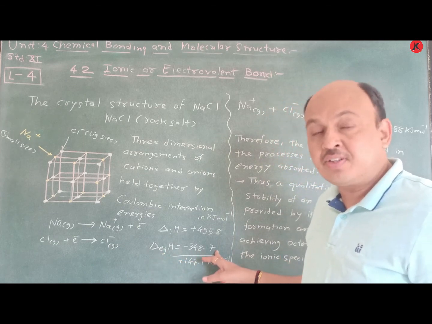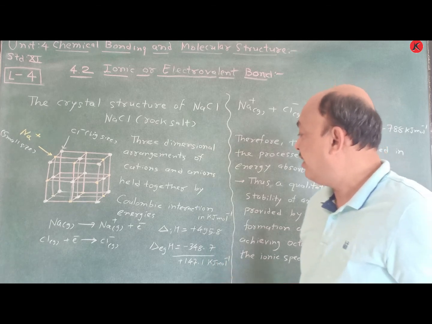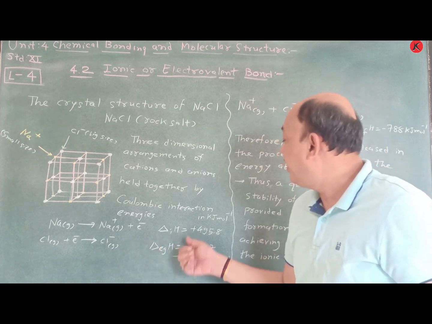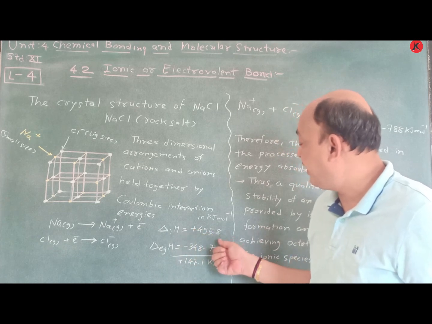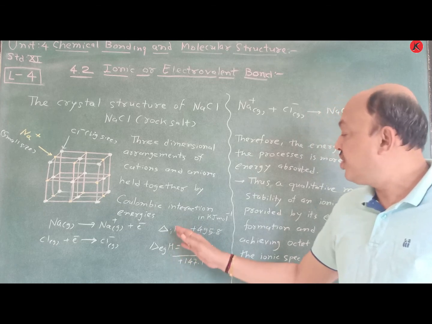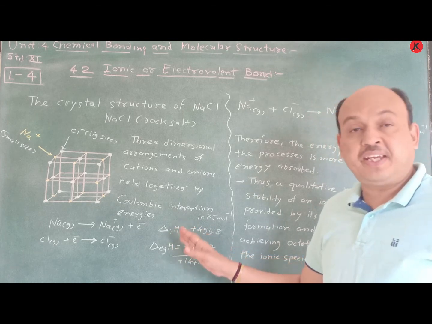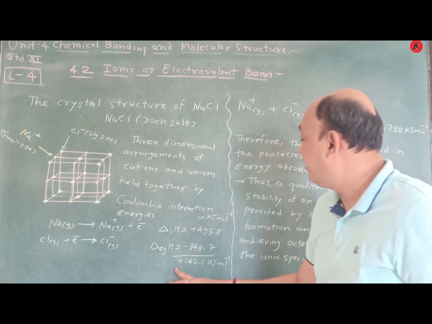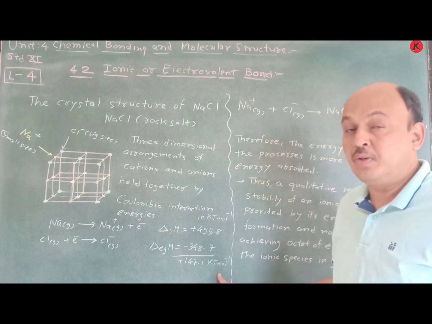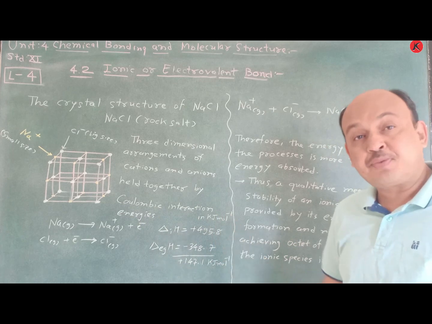This is an exothermic reaction, the electron gain enthalpy of the highly electronegative chlorine. So here plus 495.8 minus 348.7. If you total the change in ionization enthalpy and the change in electron gain enthalpy, the sum is plus 147.1 kilojoule per mole. According to that, energy is absorbed.